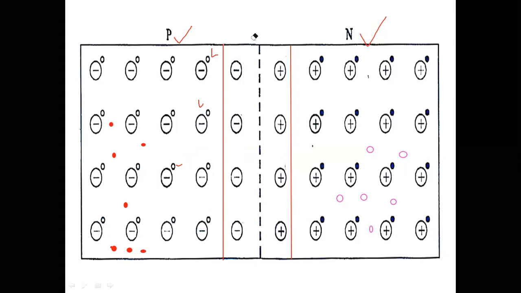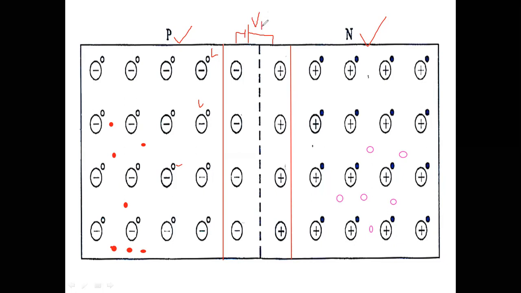You can assume it as a capacitor: positive plate and negative plate. So what will happen here is that a potential will be developed. An internal potential will be developed across the junction. This potential I call VB.